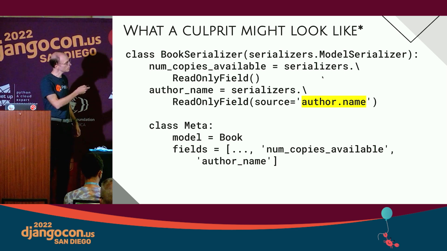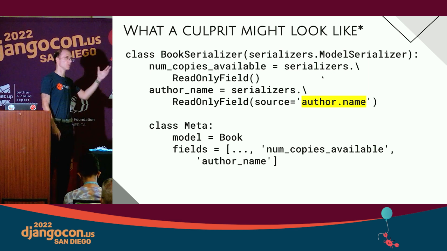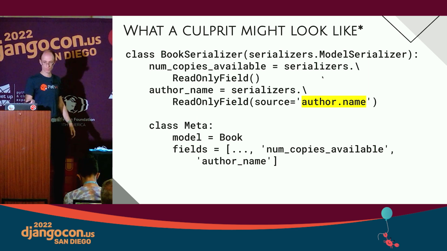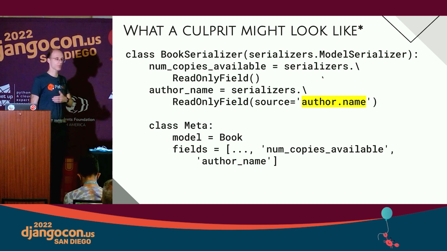One very obvious, I'm highlighting it in yellow. That's the same idea, author.name. You tell it where to get the data from. A very reasonable thing. If you return a book, you want to return the actual name of the author. Great. But every time you render this serializer, you will make a database query, or at least unless you plan ahead.